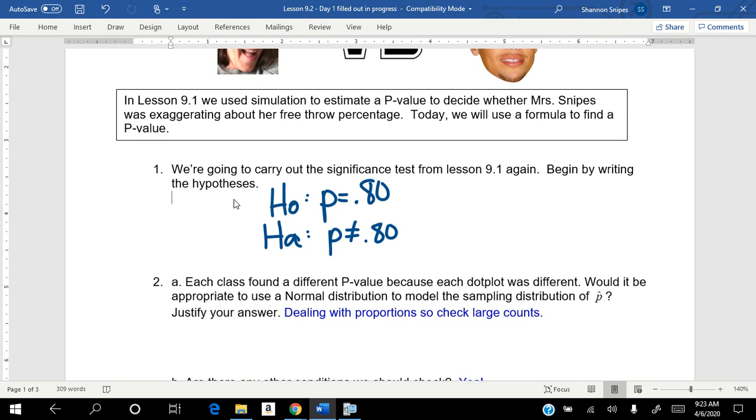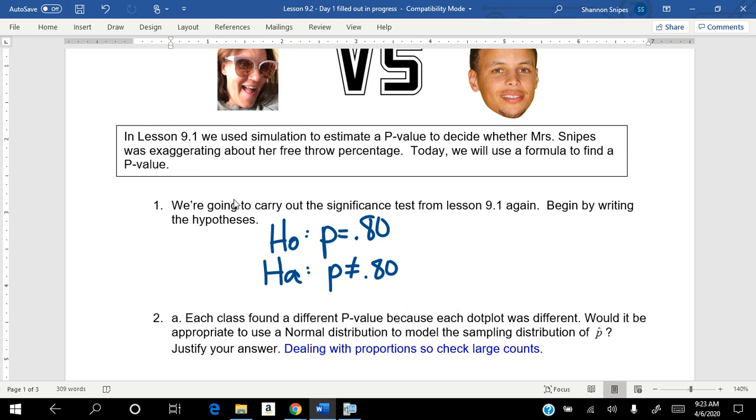If we had done this, we would have compared values from other classes, so we would have different p-values. Would it be appropriate to use a normal distribution to model the sampling distribution of p hat? Let's justify our answer. Since we're dealing with proportions, we have to check our large counts.